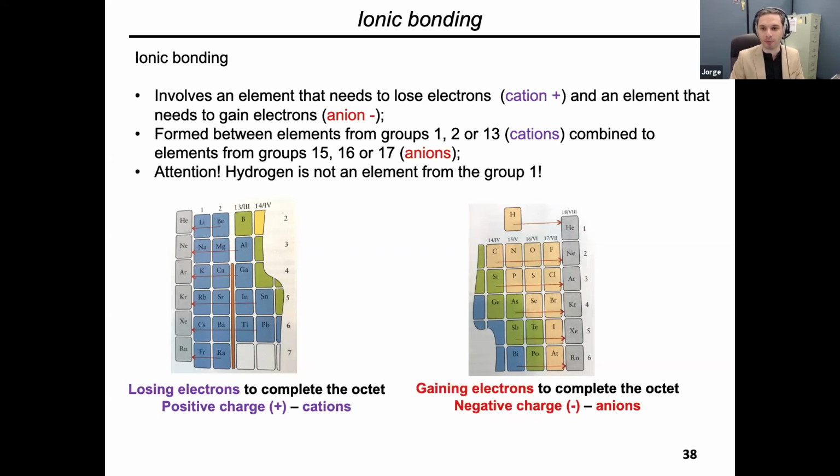And those will be the cations. Combined with elements from groups 15, 16, or 17. And those are going to be the anions. And attention to that, hydrogen is not an element from group 1, okay? Hydrogen is at the top of group 1, but doesn't belong to that group.